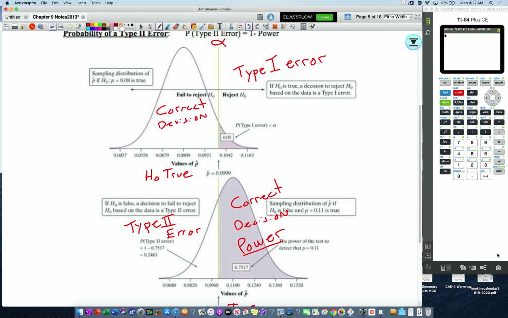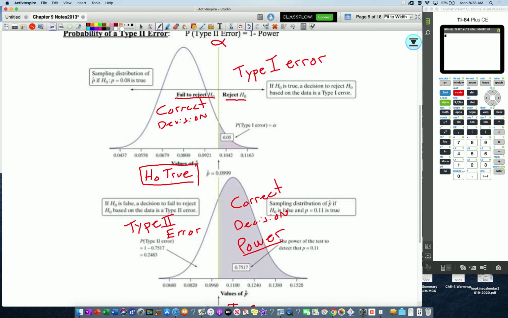So just to explain how this works, the top normal curve is assuming the null hypothesis is true. So if the null hypothesis is true, we have this level of significance right here. This is the line that divides whether we reject the null hypothesis or fail to reject it.